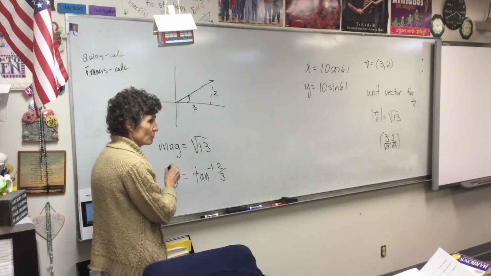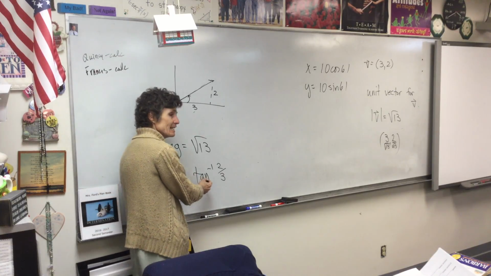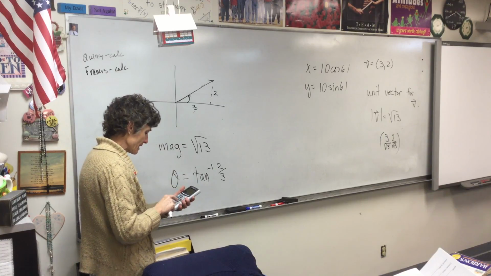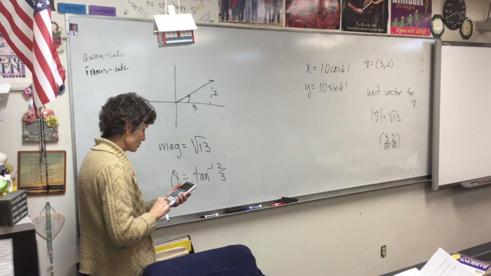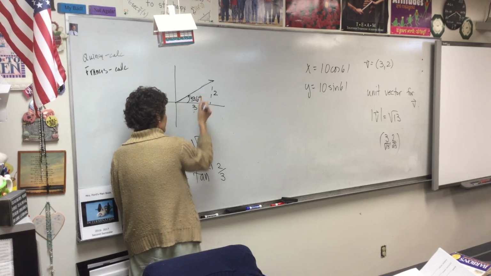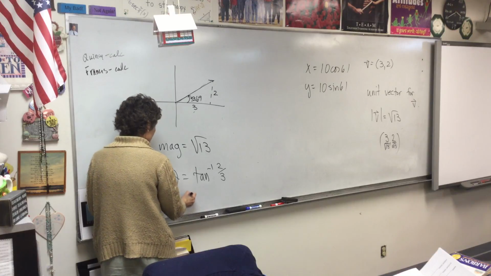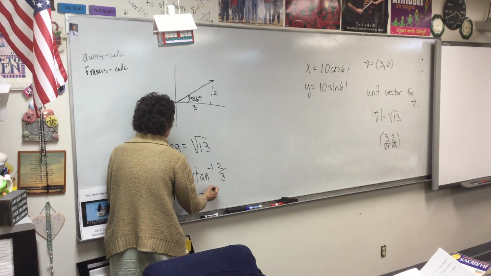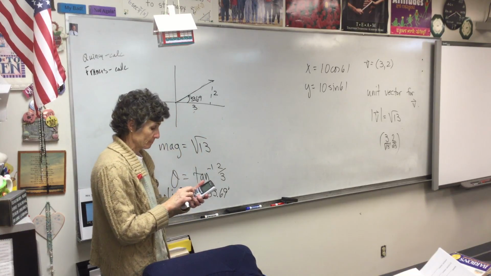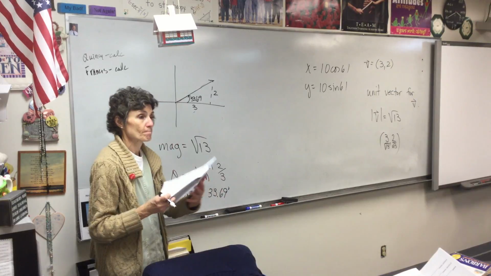That's how I'm going to get my direction angle. Every time I'm going to use second tangent. So second tangent 2/3 is 33.69. That, my friends, is the direction angle: 33.69 degrees. That's all there is to it.